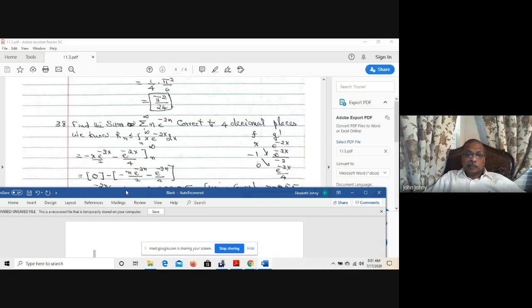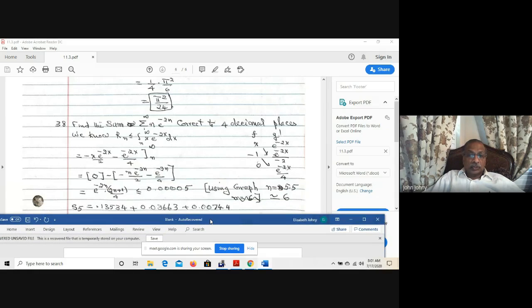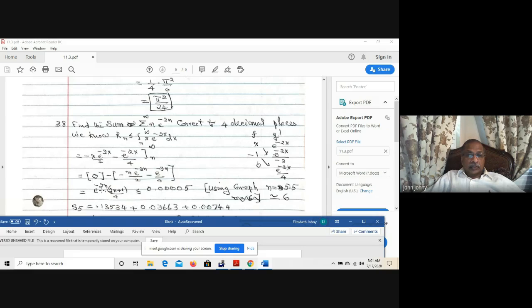You get negative x e to the negative 2x over 2 minus 1/4 times e to the negative 2x, from n to infinity. So this is e to the negative 2n pulled out times 2n plus 1 divided by 4.